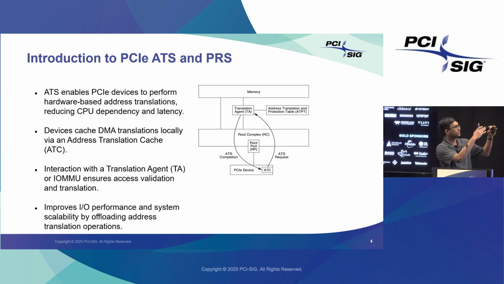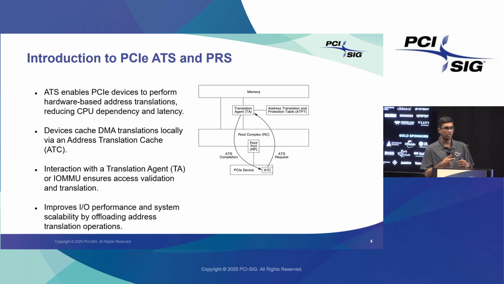You can think of the TA and ATPT as a software version. We get the untranslated address to translated address mappings, and that information is sent to the device in the ATS completion.